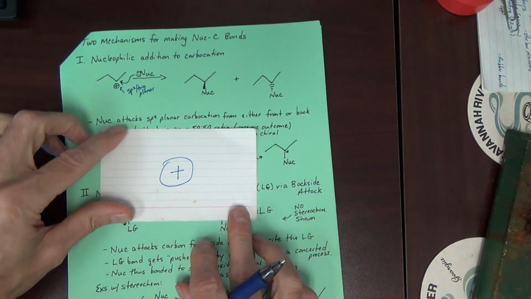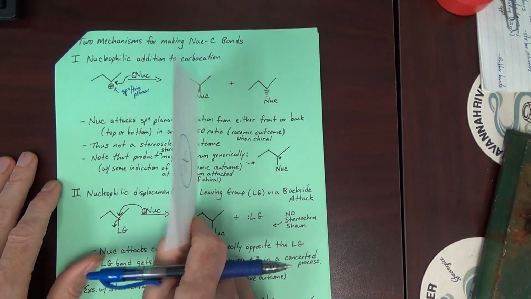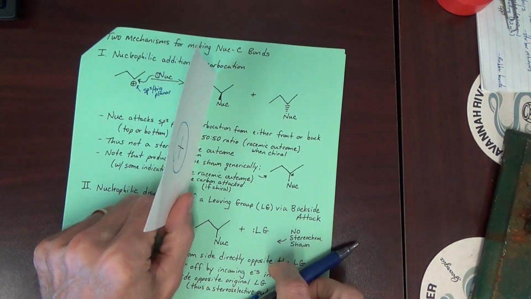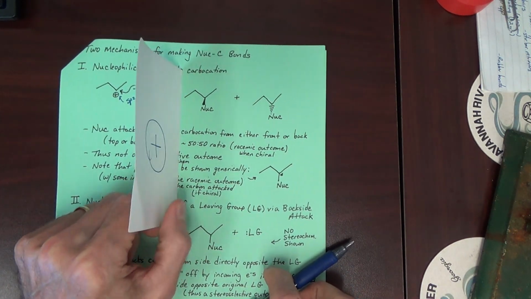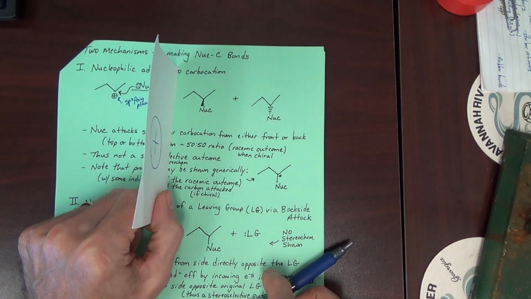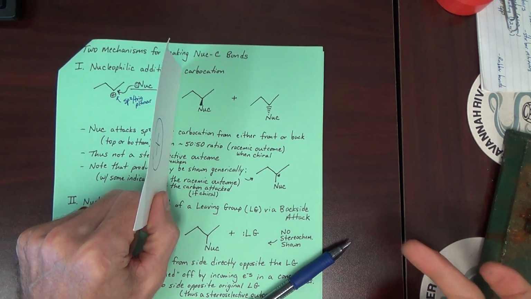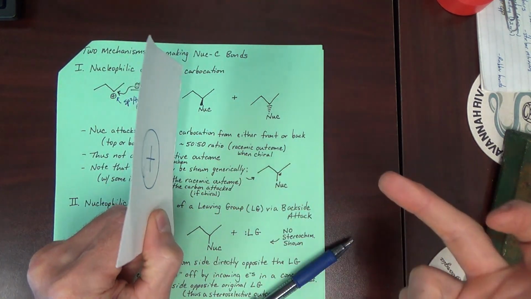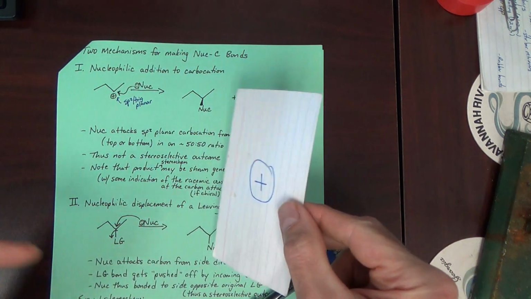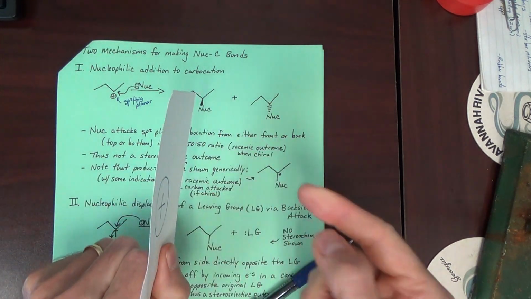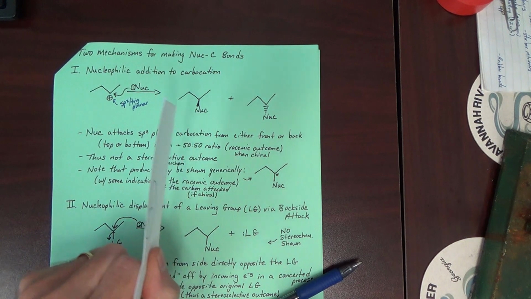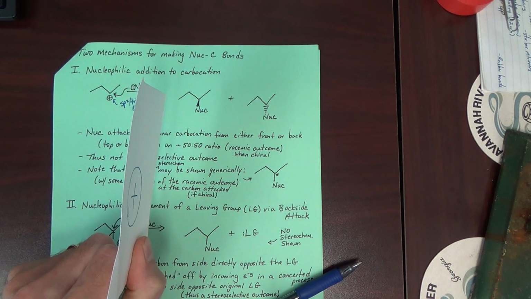I can either put it flat on the table, or I can hold it like this, like a piece of paper. And because of that, the nucleophile attacks either one side, I'll turn this so you can see the plus, it either attacks here or it attacks here. Two sides of the plane. And the nucleophile can attack from either side randomly. Thus it's going to be 50-50.